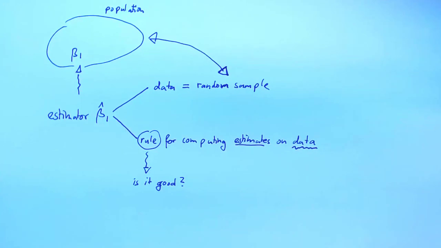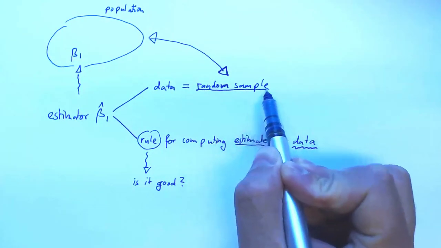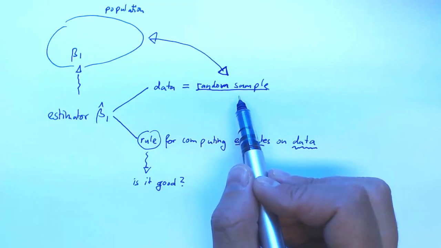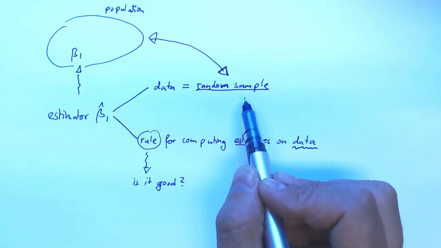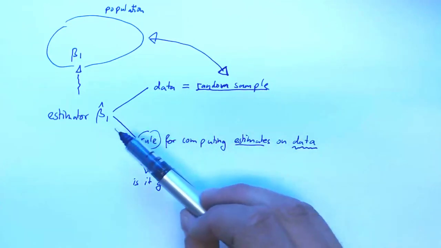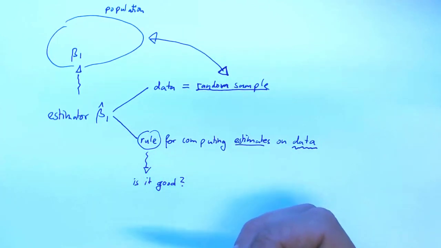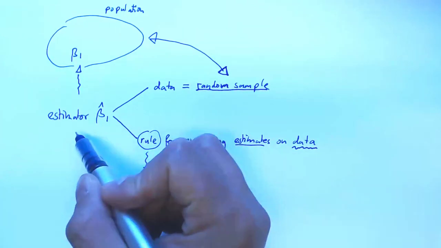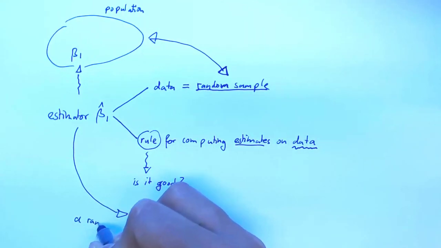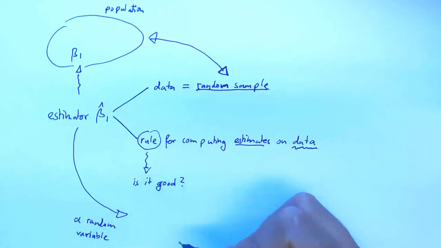Since the estimator depends on a random sample, it is a function of a random sample, so it's also random. So we're taking basically the viewpoint from before we draw the sample, and we treat the estimator as a random quantity. So it's a random variable, and it has positive variance, right?